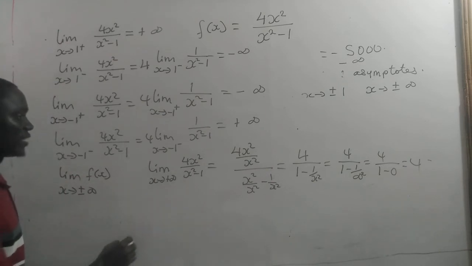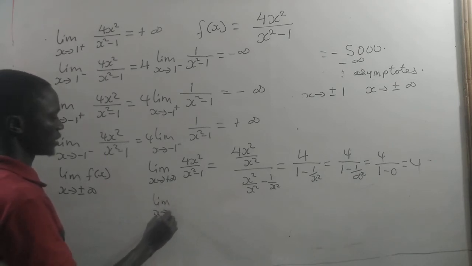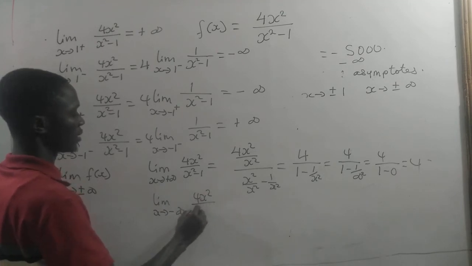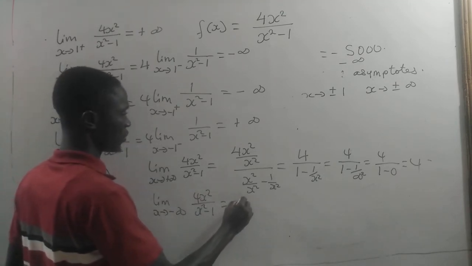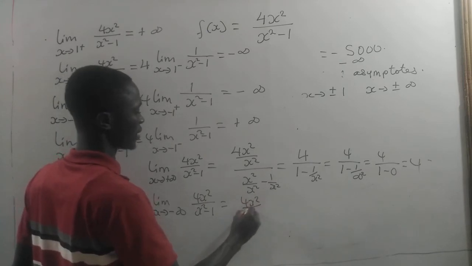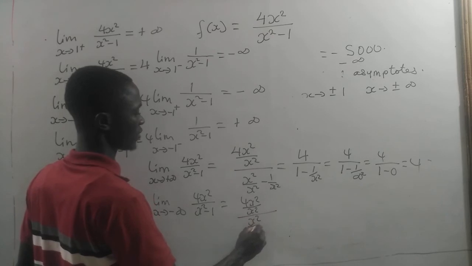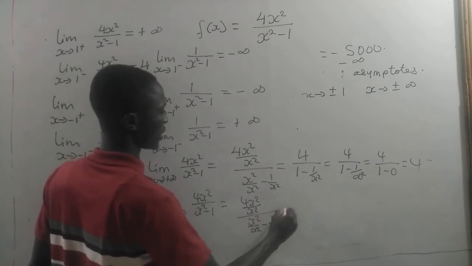In the same vein, if we take the limit as x approaches negative infinity of 4x squared divided by x squared minus 1, we have 4x squared divided by x squared, all divided by x squared minus 1 divided by x squared.